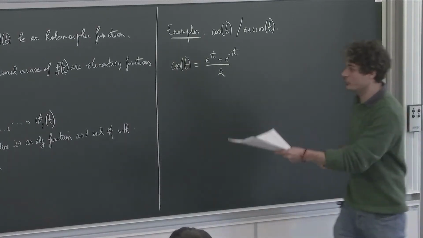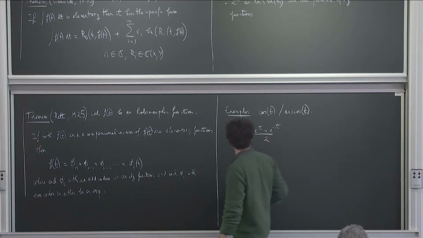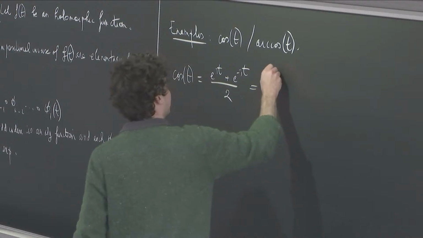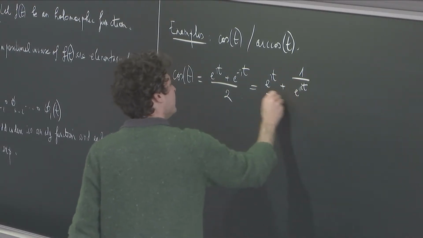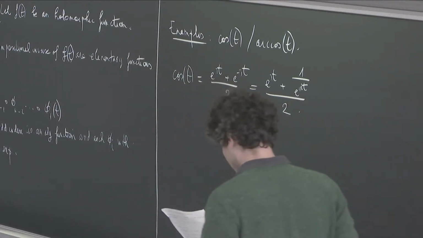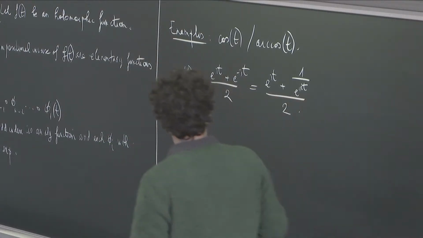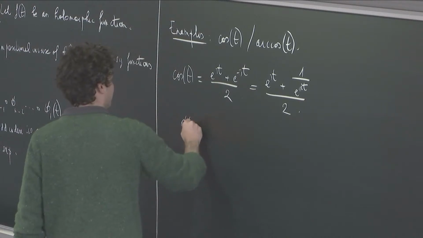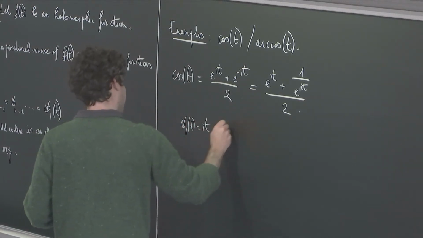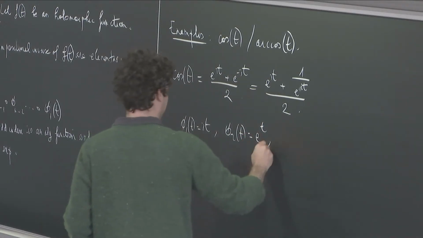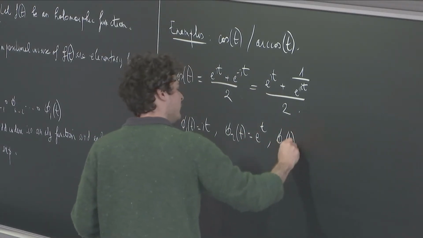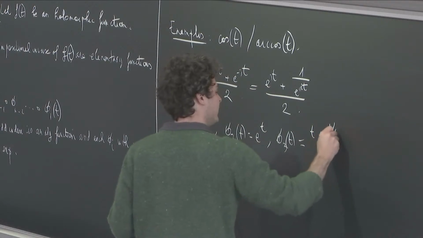If you want to write it in the shape of Rit's theorem, you have to write it like that: (e^{it} plus 1 divided by e^{it}) divided by 2. So here phi_1 of t would be it, phi_2 of t would be the exponential of t, and phi_3 of t would be (t plus 1 over t) divided by 2.